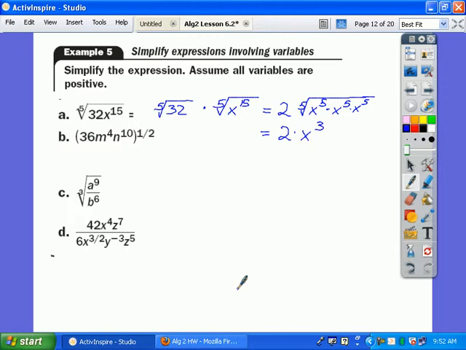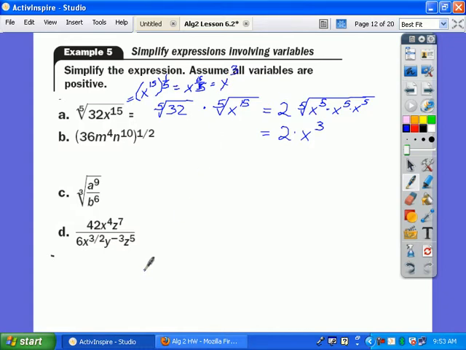Another way that some of you may want to see that is you may want to write this out as x to the 15th all to the 1/5 power. All right, x to the 15th to the 1/5 power, which is x to the 15th over 5, which is x cubed.